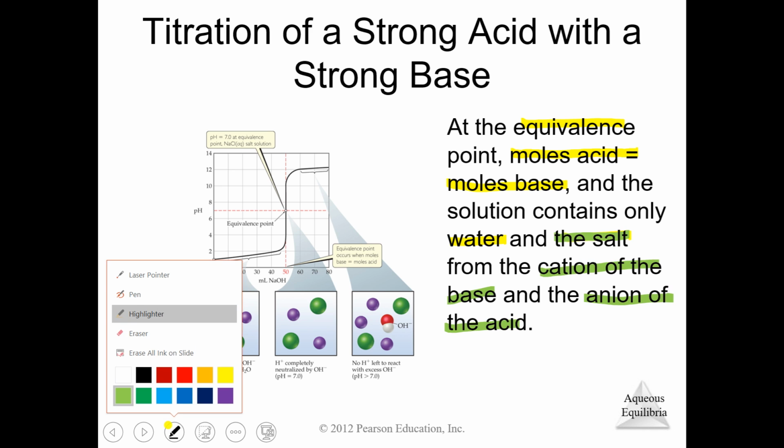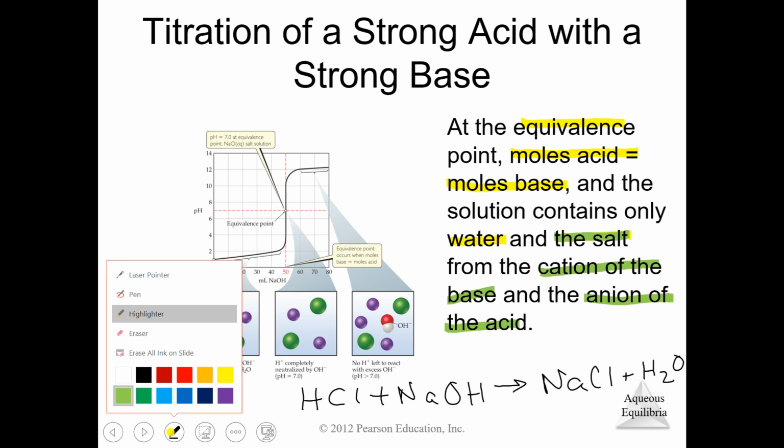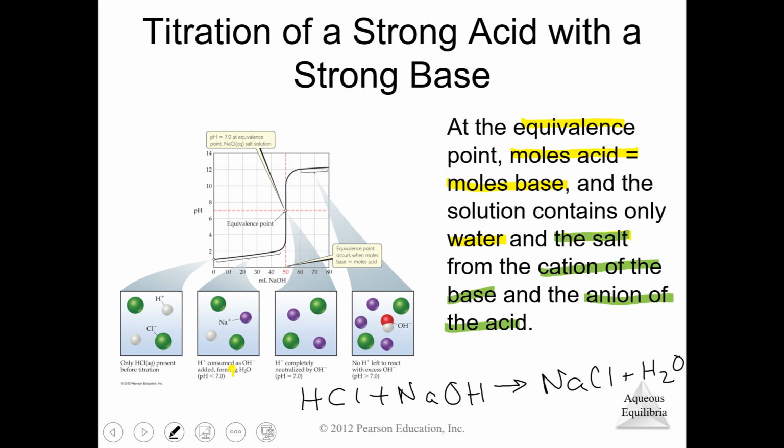So, if I had HCl plus NaOH yields NaCl plus H2O, then what that means is the cation of the base and the anion from the acid are going to make up that soluble salt.